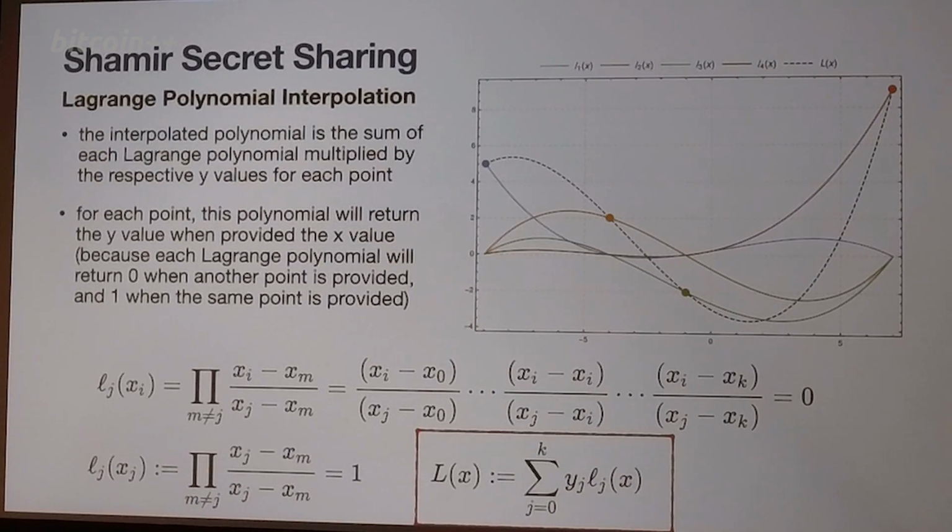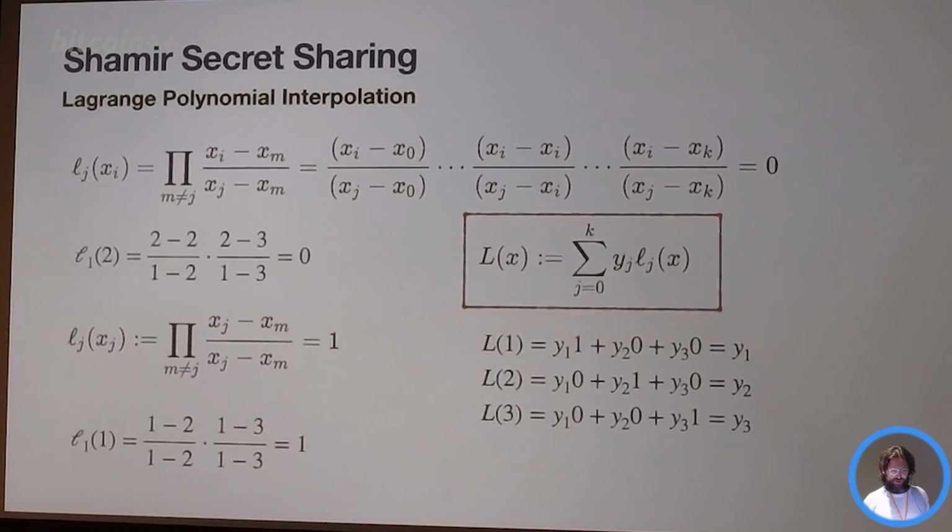So when we plug in an x value for a point that's in the polynomial, all the Lagrange polynomials will equal 0, except for the one for that point. That one will equal 1. So we get L of x equals y. For each x, we get its y value. The example here will illustrate that.